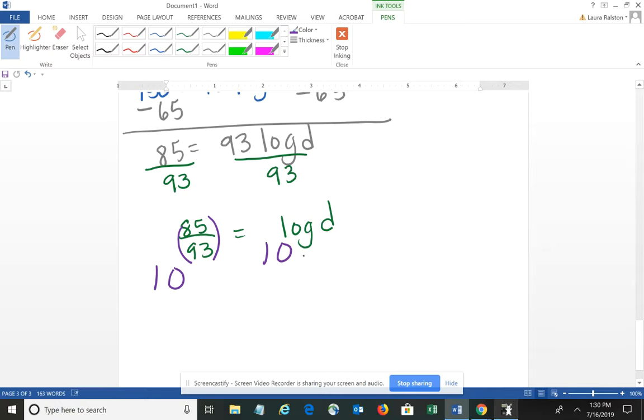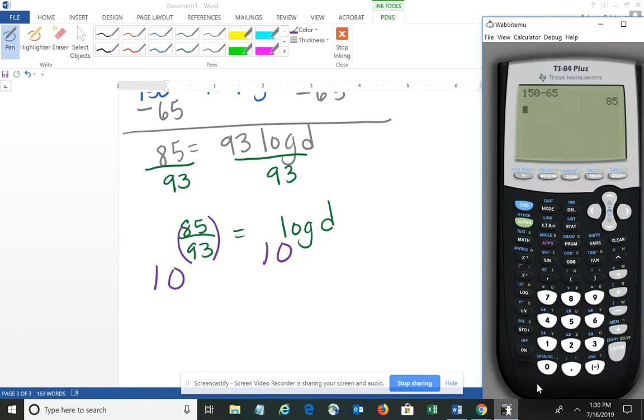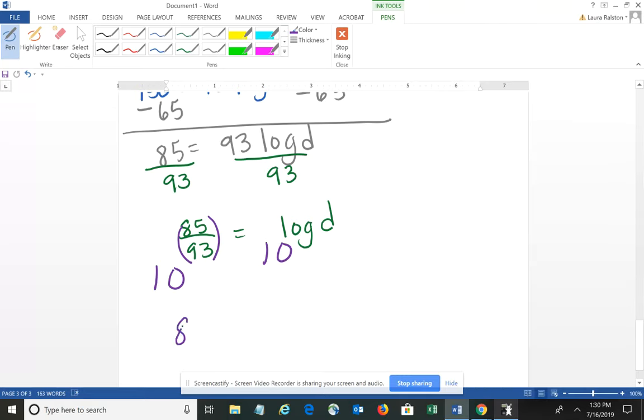So I'm going to get my calculator. Okay, I can type that in at one time. Okay, I'm going to do 10 raised, and in parentheses, I'm going to put 85 divided by 93. Okay, and that gives me 8.203.